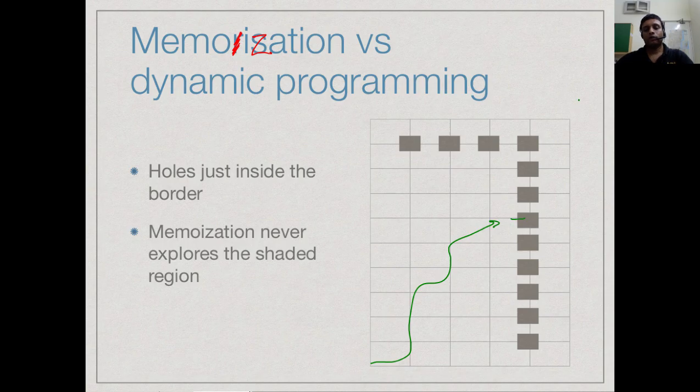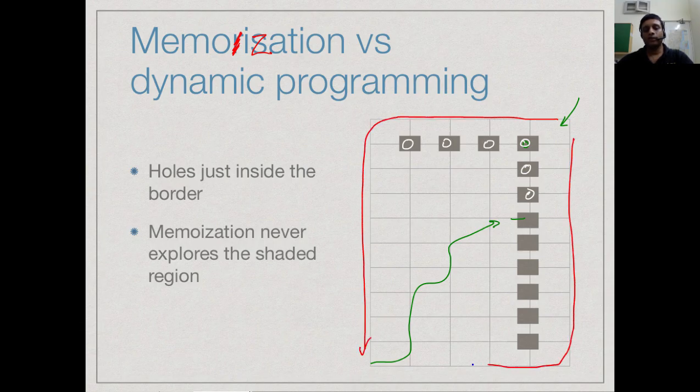So if I start my memoization from there, everywhere is just going to see a 0. All these values are just going to be 0, and my memoization is not going to look further along these. So memoization, I claim, is only going to look along this outer boundary. Only these grid points will actually be computed by memoization.